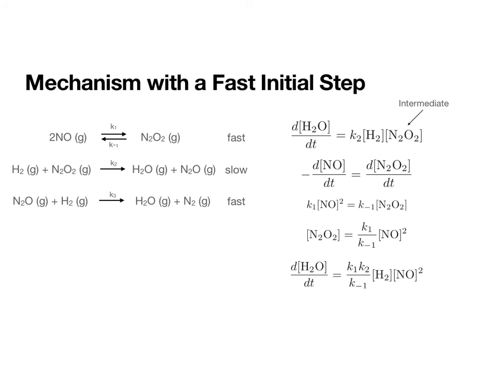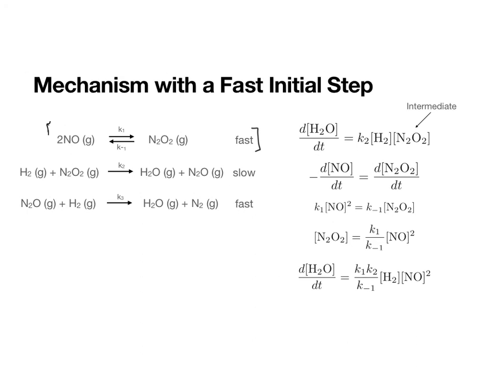And so what I have to do is I have to use this first reaction, this fast reaction, and we'll use the definition of equilibrium to help us out. So remember that in equilibrium, the rate of disappearance of NO is going to be equal to the rate of appearance of N2O2.